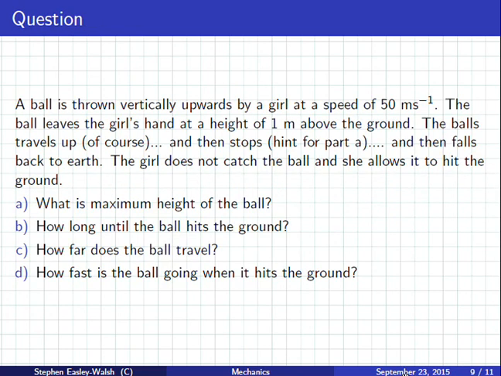Right, so this is our last example, and then I'll let you try the questions. A ball is thrown vertically upwards at a speed of 50. The ball leaves the girl's hand at a height of 1. The ball travels up and then back down. The girl does not catch the ball and she allows it to hit the ground. So I want to draw what's happening here.